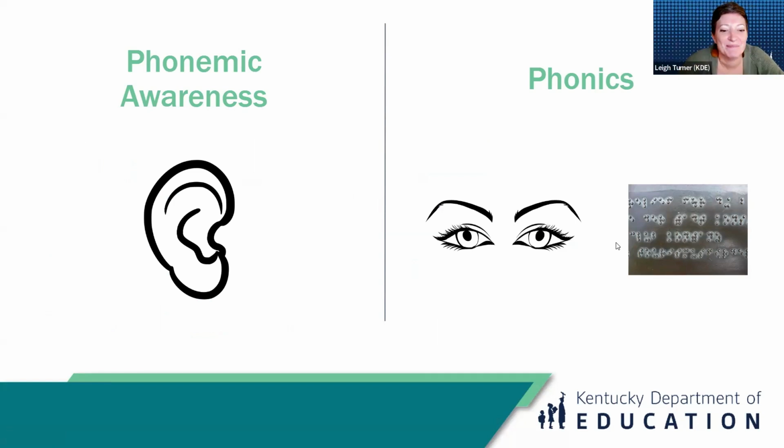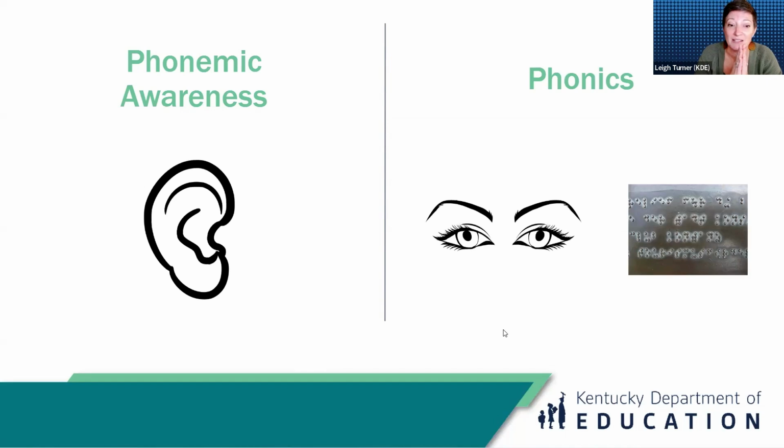You might have heard the term phonemic awareness. You might have heard the term phonics. You might have also heard the term phonological awareness. And all three of those terms are often or commonly used interchangeably. And I want you to walk away knowing that those three terms are very different. So the two that we're going to talk about specifically today are phonemic awareness and phonics.